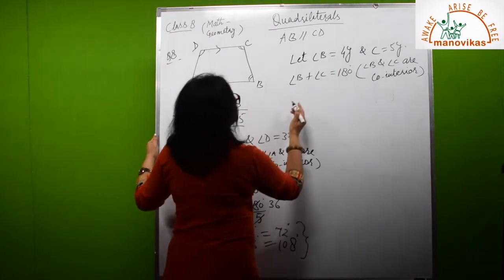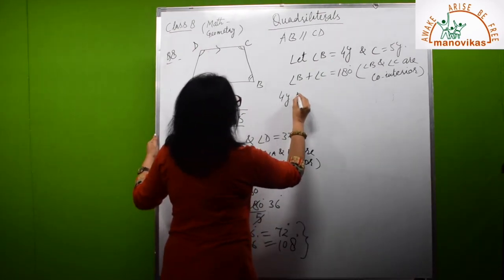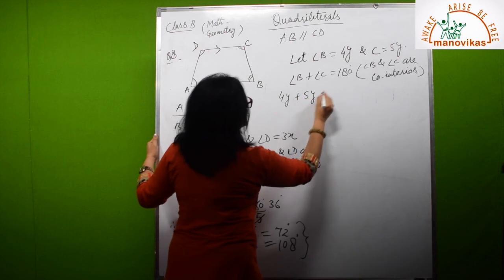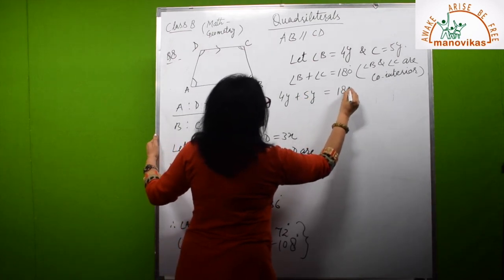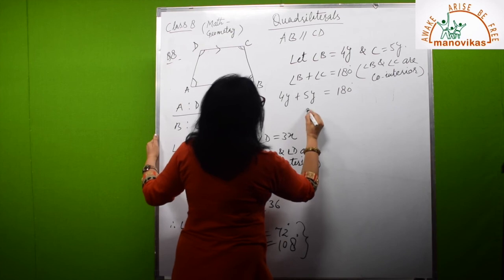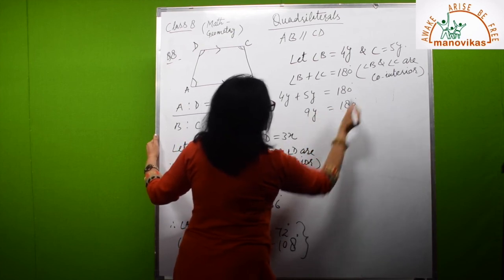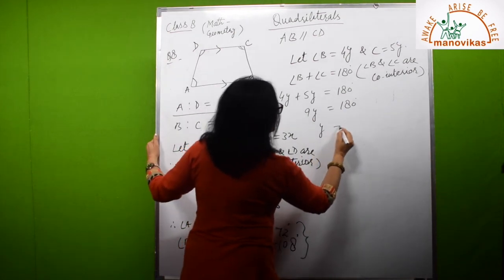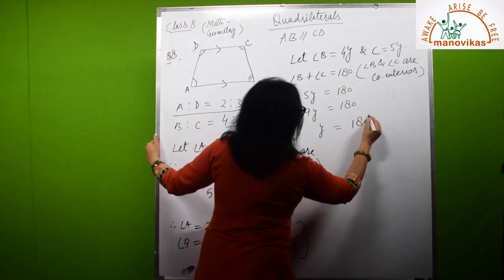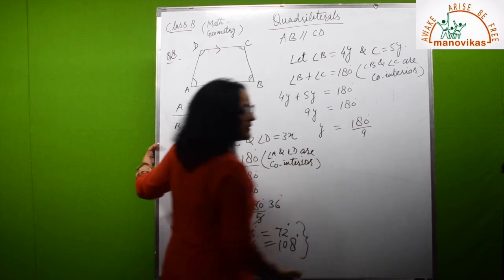Now substitute the value of B and C. 4y plus 5y is equal to 180 degrees. 4 plus 5 is equal to 9y. This is equal to 180 degrees. Therefore, y is equal to 180 divided by 9.